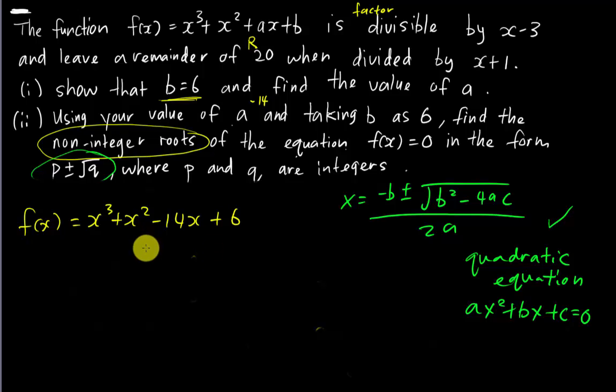Okay, now I will need to do a long division in order to get my quadratic equation over here to use this formula. Alright, so I will do a long division. My fx I will write inside: x cubed plus x squared minus 14x plus 6, and then I will take the power of x: 3, 2, 1, 0.